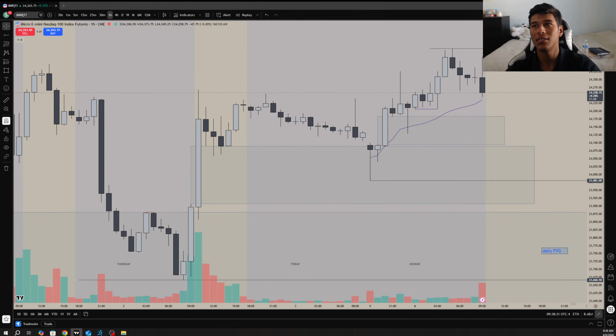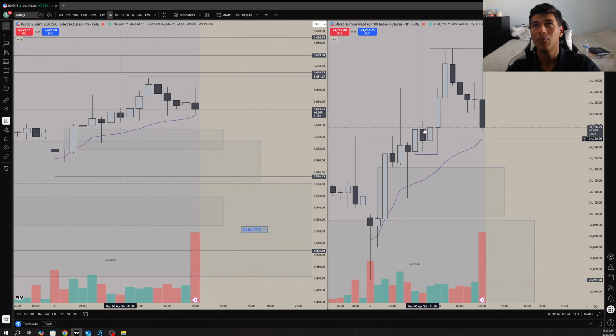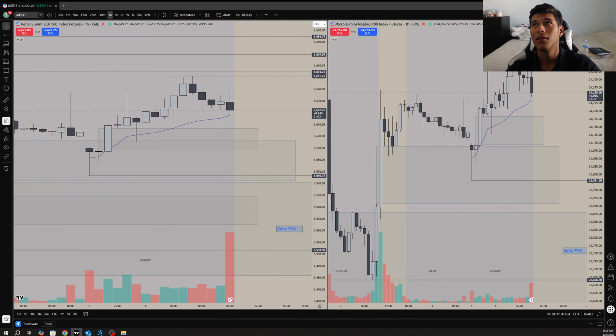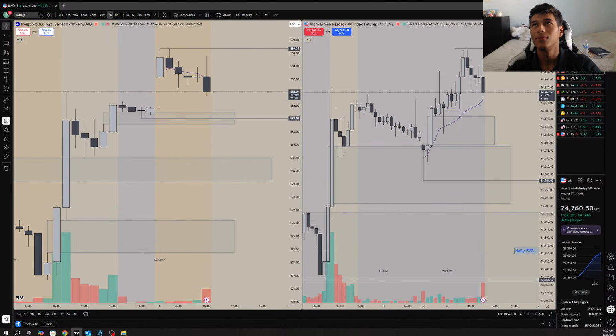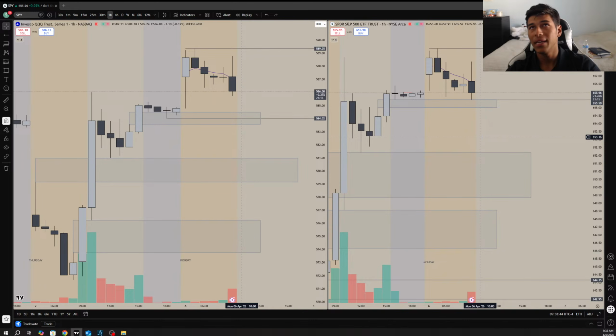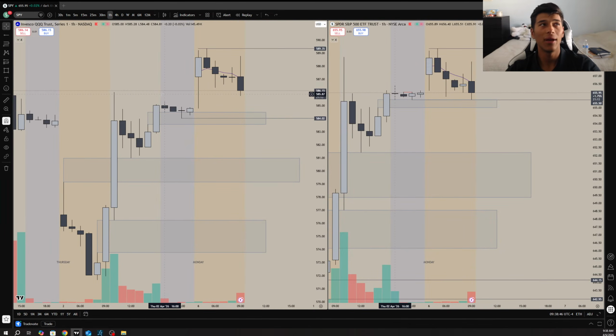And if you guys noticed today, I did give my watch list based on QQQ and SPY, and here's why. Doesn't this look so much cleaner? Price action on QQQ and SPY looks so much better.